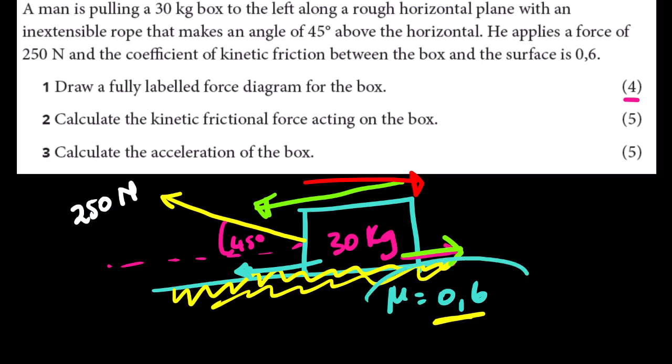Now whenever you see a coefficient within a scenario, you must think about this equation. Normal force. And then for this normal force, we have a different equation for each and every scenario.